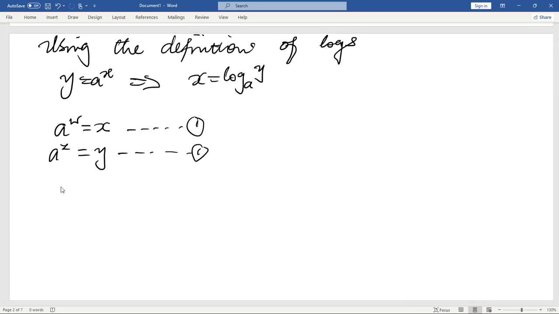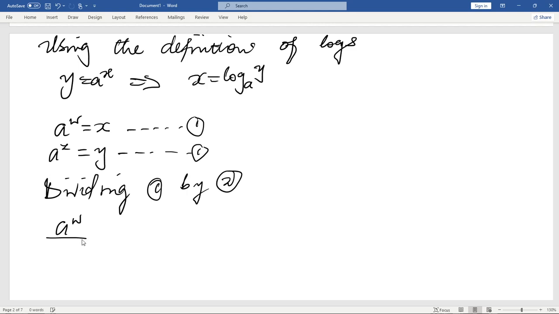So we say dividing equation 1 by equation 2. If you divide equation 1 by 2, you have a to the power w divided by a to the power z simply equal to x divided by y.